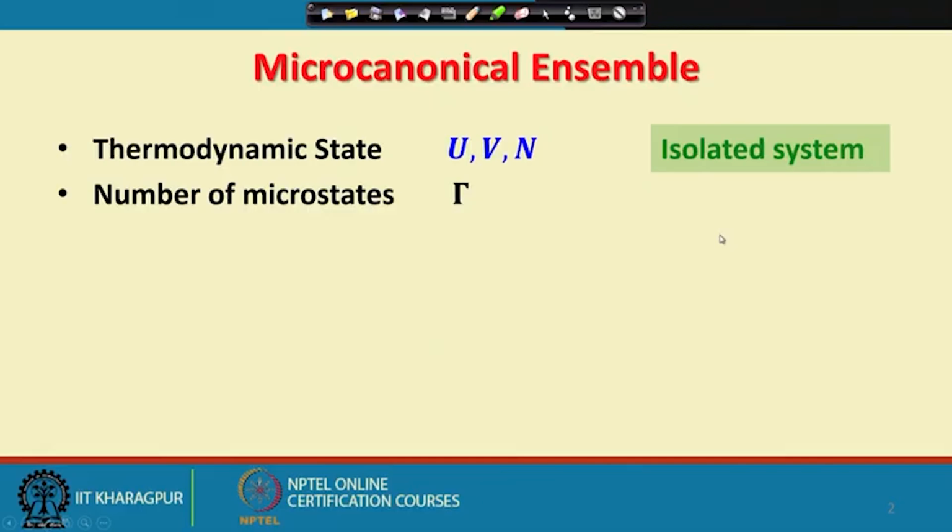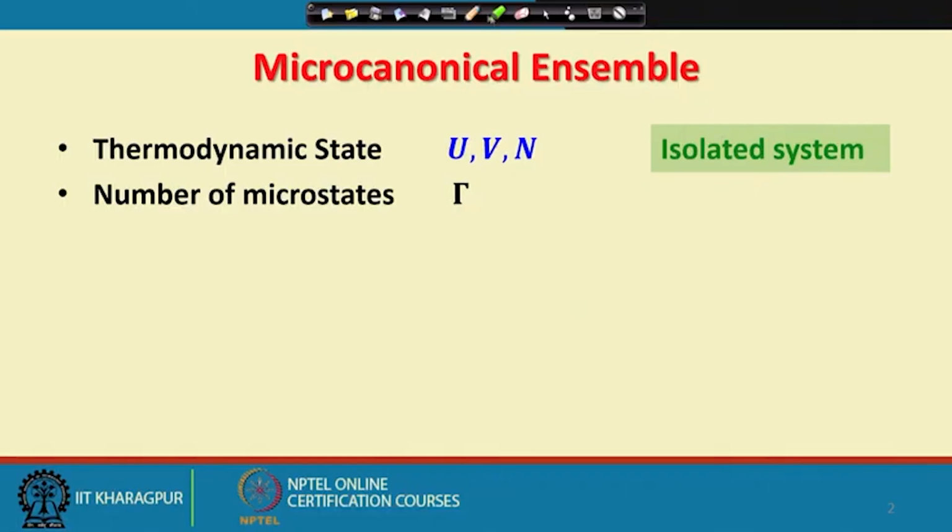So, for a macro state like this, we have already seen how to define the corresponding microstates as given by the solution of the Schrodinger equation, and we have also seen how to calculate the number of such possible microstates for a given value of the total energy of the system. So, as before, let me designate this number as gamma.